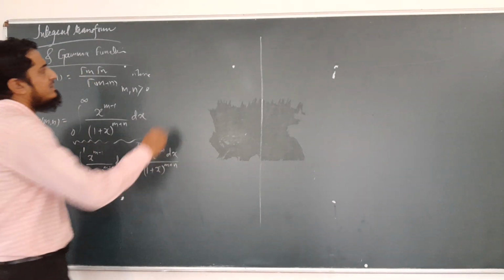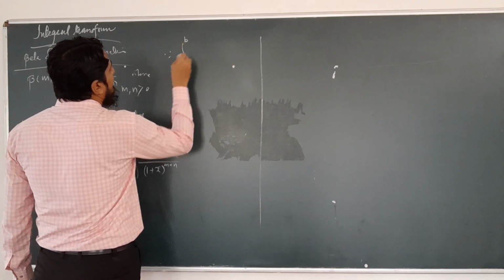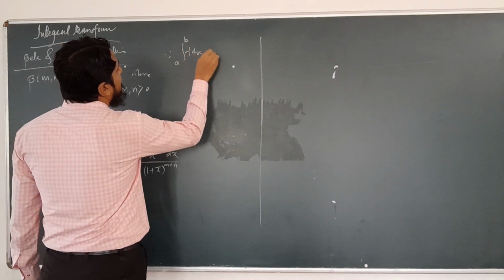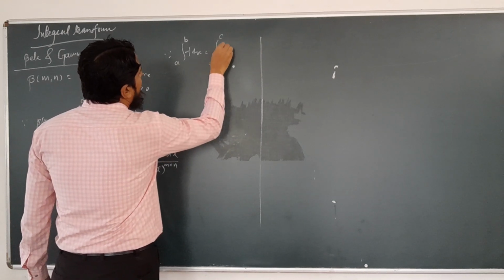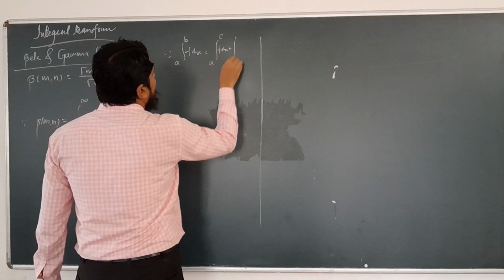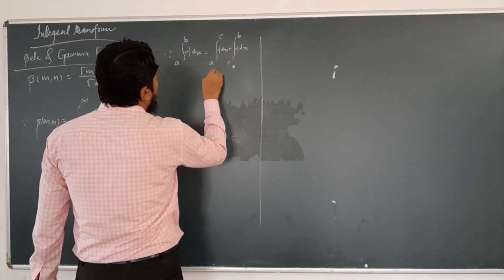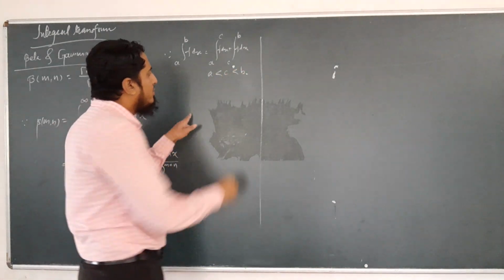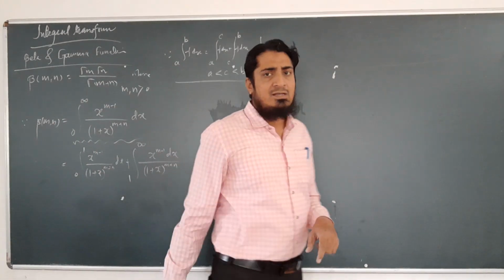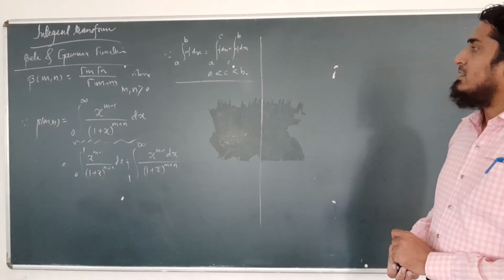Since we know that integration of f dx from a to b is equal to integration from a to c plus integration from c to b, where a is less than c less than b. We know this result already from lower class mathematics.